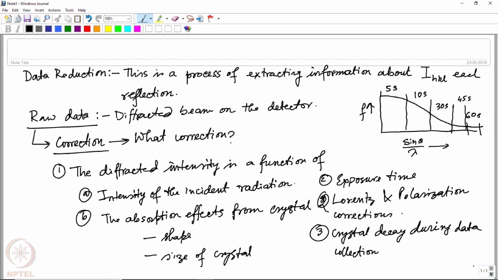And 4, effect of temperature, and 5, extinction. We will discuss all these points one by one when we come to them.